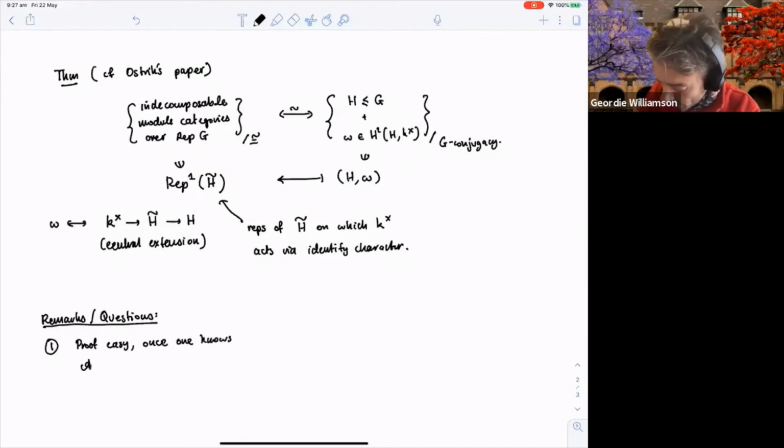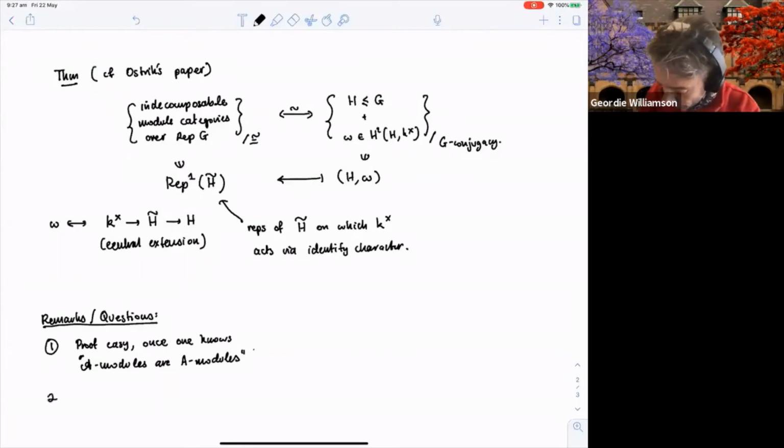That A modules are A modules, i.e. it's reasonably easy to see that semi-simple G algebras in rep G correspond to this data.